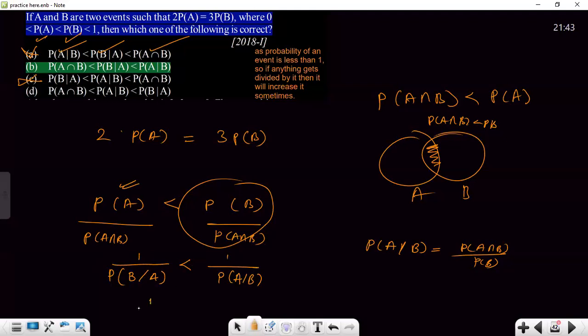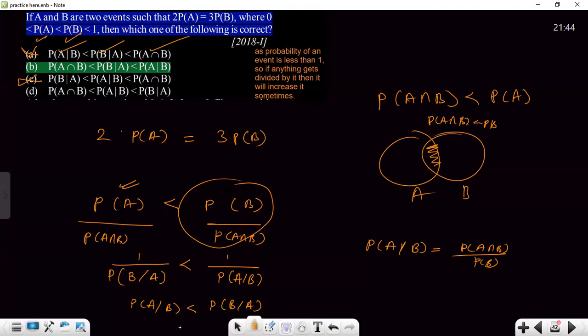So when we cross multiply, the probability of event A when B has happened will be less than the probability of event B when A has happened.